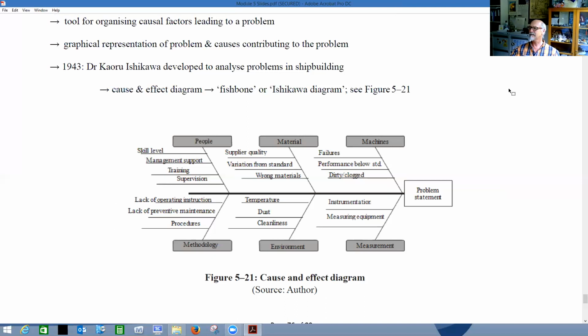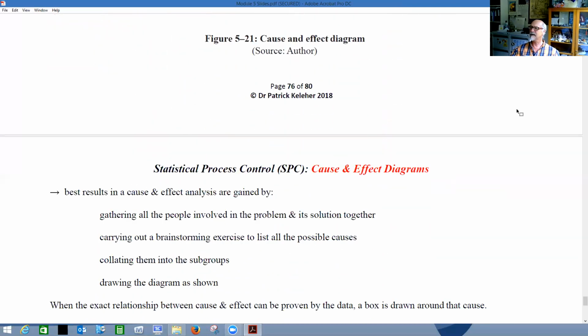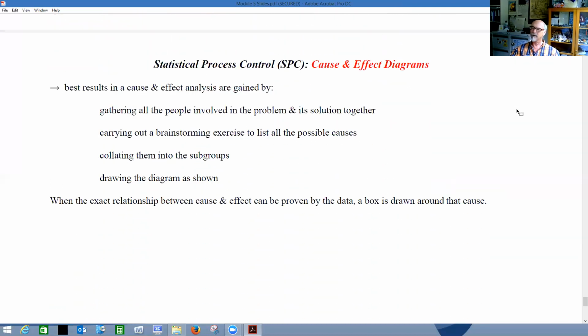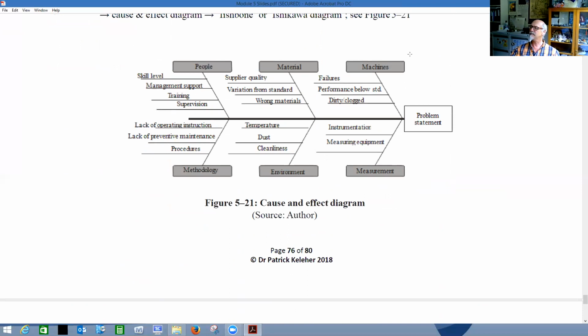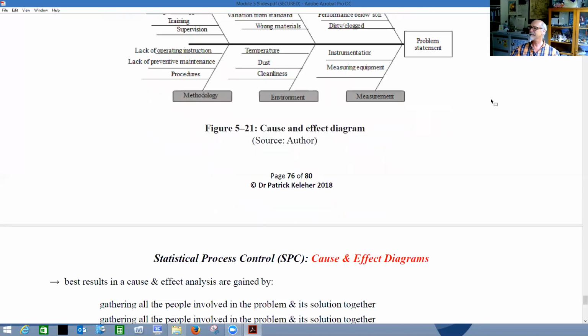So what you're able to do then is go about with your analysis. The best results in a cause and effect analysis are gained by gathering all the people involved in the problem and its solution together. Because again, if you're talking about people, materials, machines, etc., if you can get insights from as many players as you can, then you're going to get a better idea of the types of things that are occurring within each of these, causing, and what the effect will be.